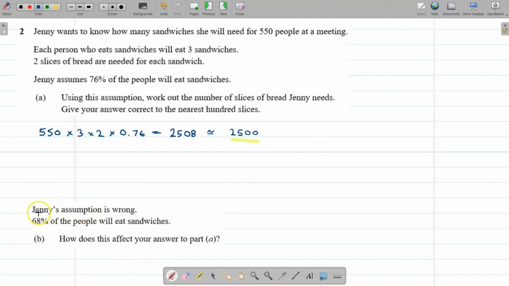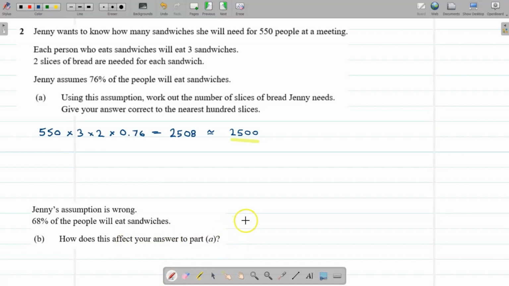For part B, well, it seems kind of obvious, but you've got to write something down. Jenny's assumption is wrong because, in fact, only 68% of the people ate sandwiches. Okay, so how does this affect the answer? Well, obviously, less bread is going to be needed, but you need to just give a reason.